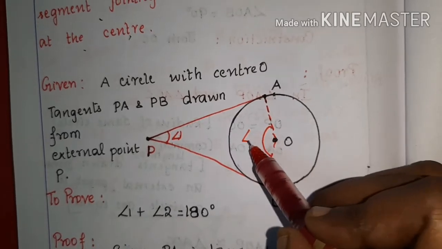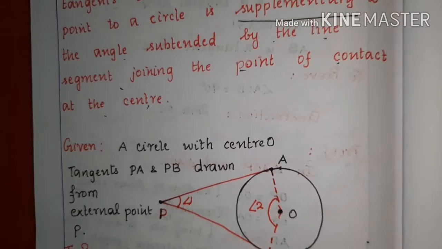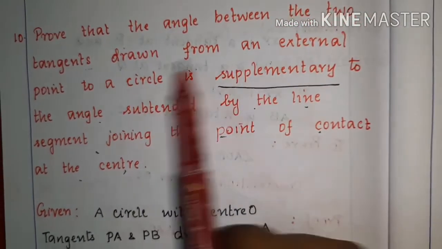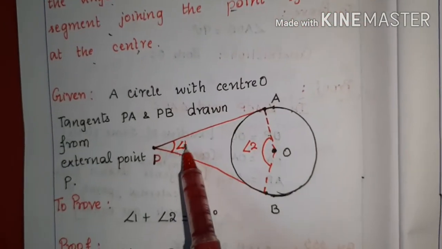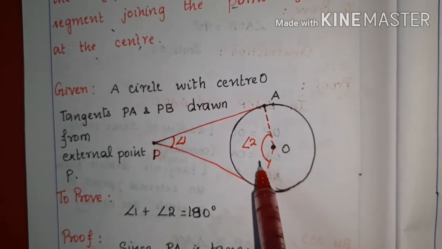So the sum of these two angles is equal to 180 degrees. This is what has to be proved: the angle between the two tangents drawn from an external point to a circle and the angle subtended at the center. How is it subtended?